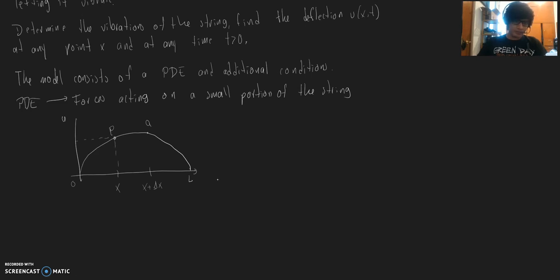So we know that this shape has a tangential force, which is actually the tension that the string is submitted to. So this angle will be equal to alpha, and this angle here will be equal to beta.